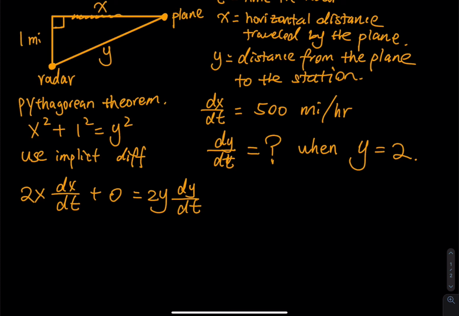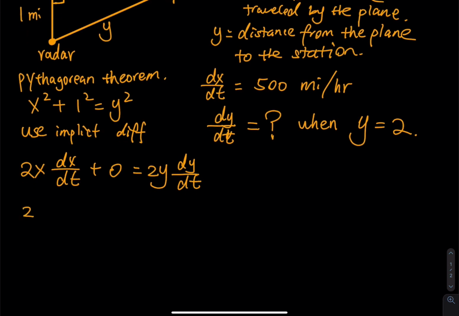The next step is you plug in everything you know. Do we know what x is? No, we don't know what x is. So we have 2x, and then dx/dt. Do we know dx/dt? Yes, we do, so we have 500. And then 0 is 0.